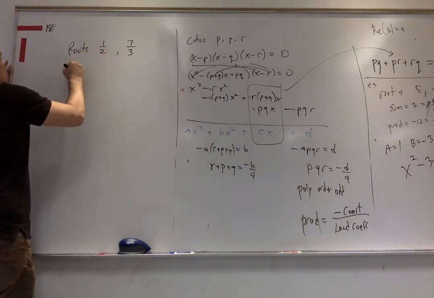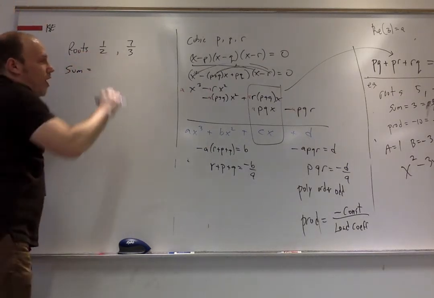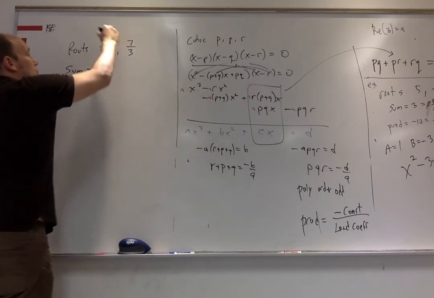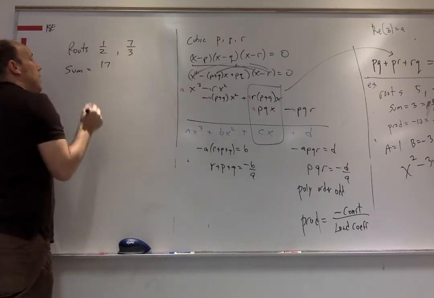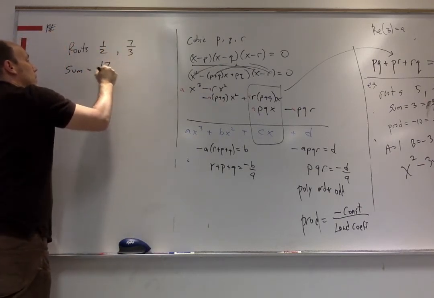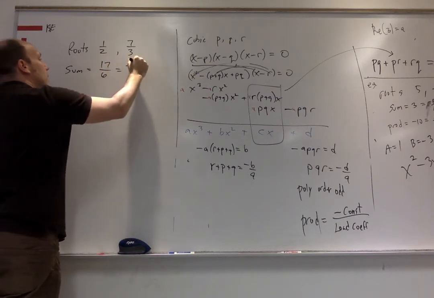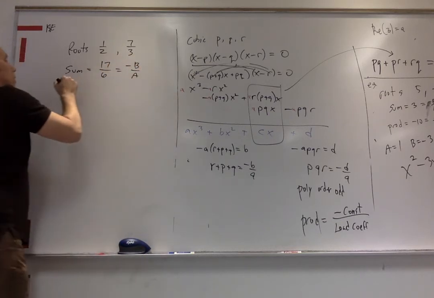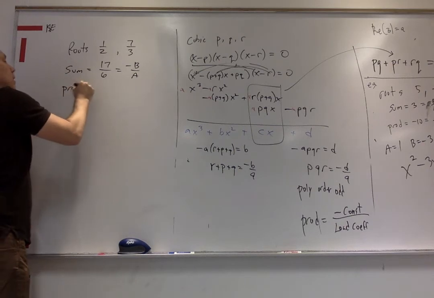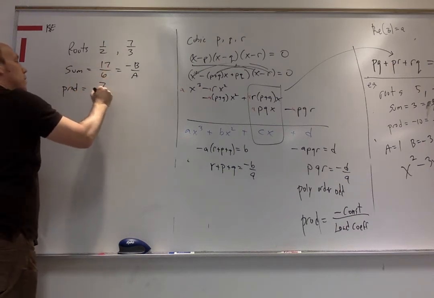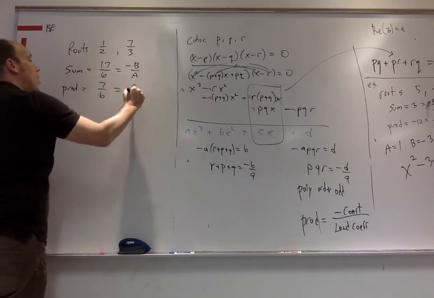What's the sum of the roots? In this case, you should know how to do this quickly by hand. 3, 14, 17 over 6. So that's -b over a. The product is 7 over 6, and that's c over a.